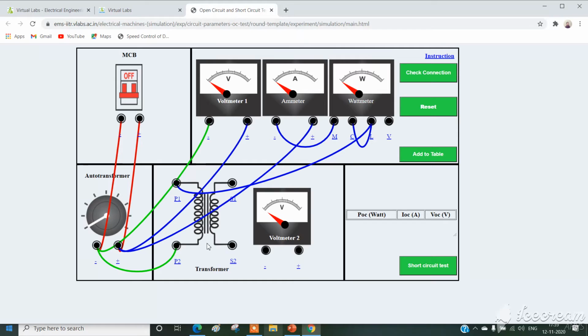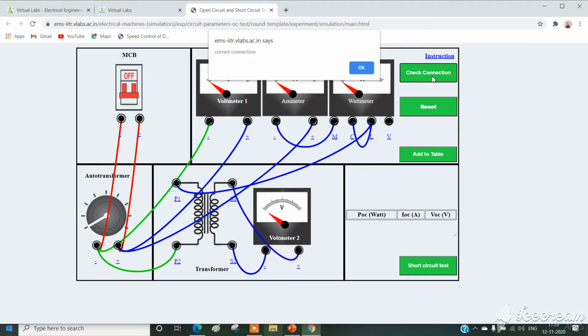Then S1 and S2 are simply open. We need to measure the voltage across this, so connect S2 to voltmeter negative and S1 to voltmeter positive. This is the connection corresponding to the open circuit test. Simply check the connection. It is correct.